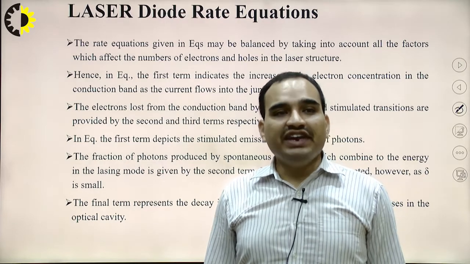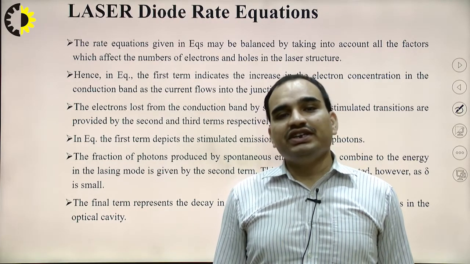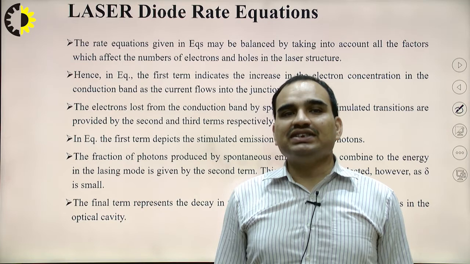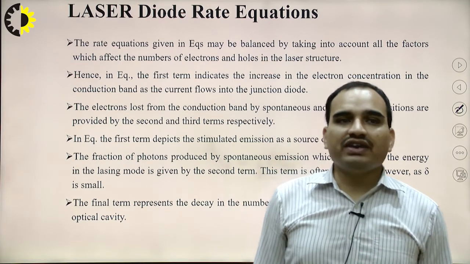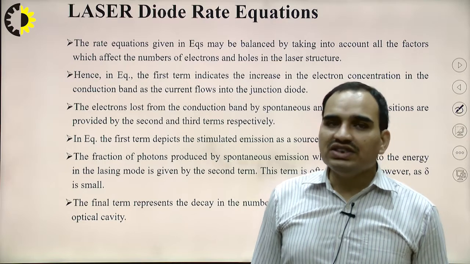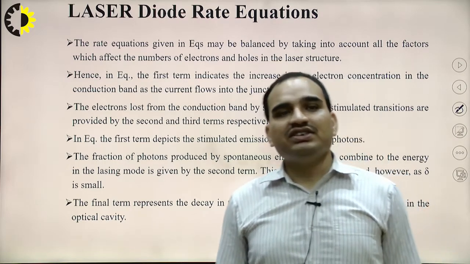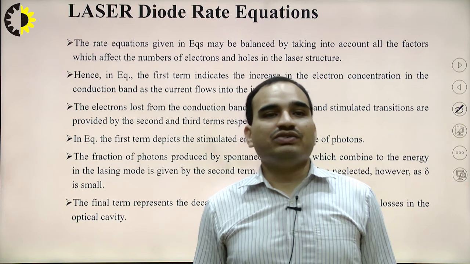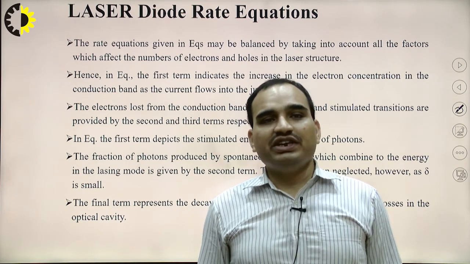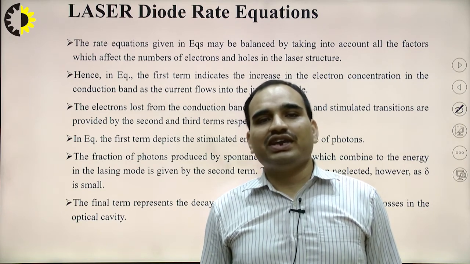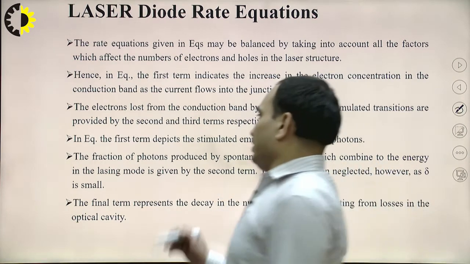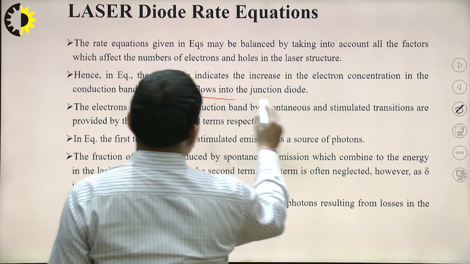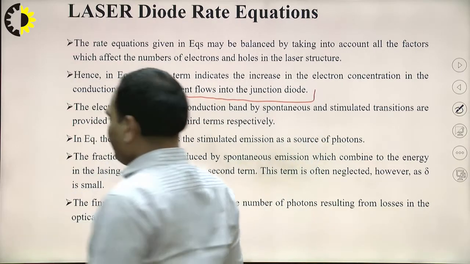The rate equations may be balanced by taking into account all the factors which affect the number of electrons and holes in the laser structure. In the first equation, the first term indicates the increase in the electron concentration in the conduction band as current flows in the junction diode.